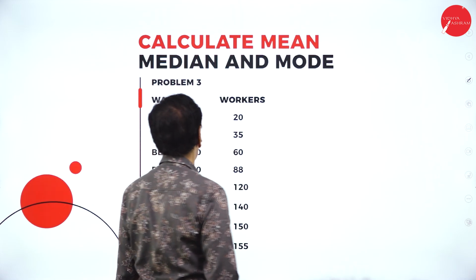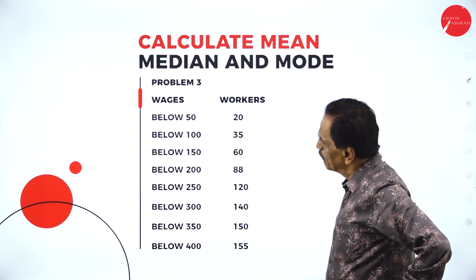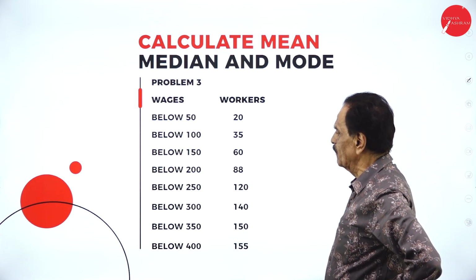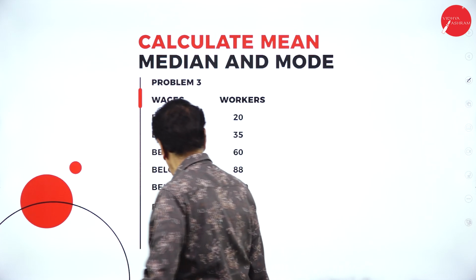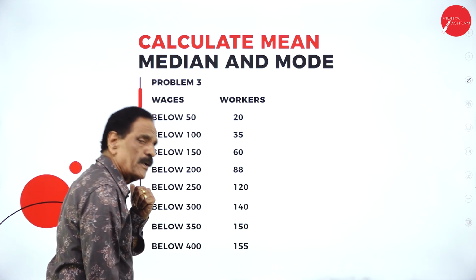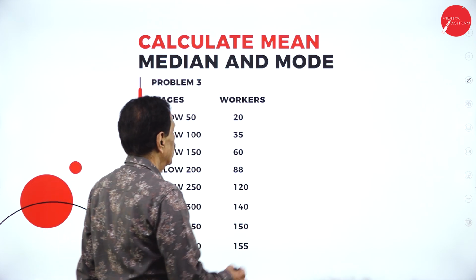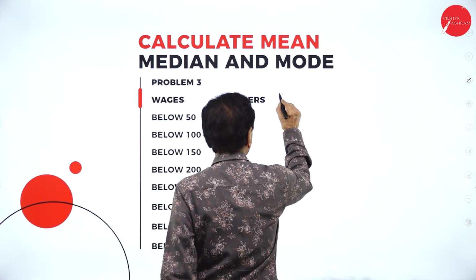We'll go to the last one, problem number 3. Wages below 50, below 100, below 150, below 200, below 250, below 300, below 350, below 400. So, difference of how much? 50. Here you write the class.